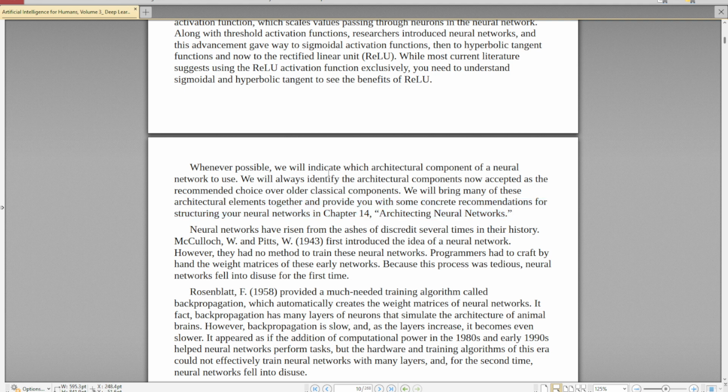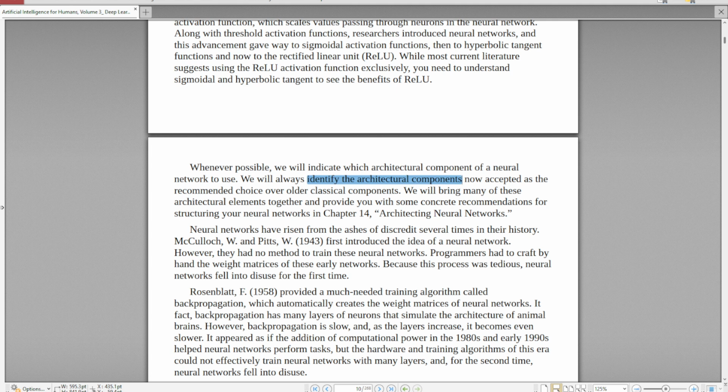What are those architecture components exactly? The classical components are the different neural network building blocks, and we should highlight the modern state-of-the-art choices that are generally accepted as preferred options.